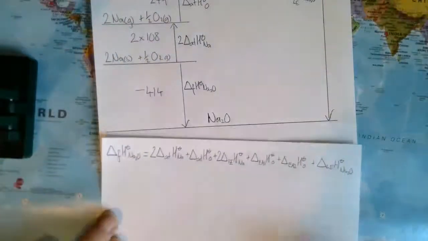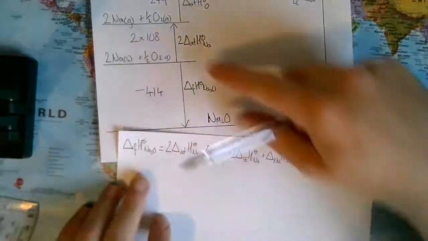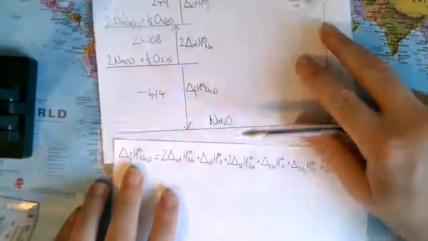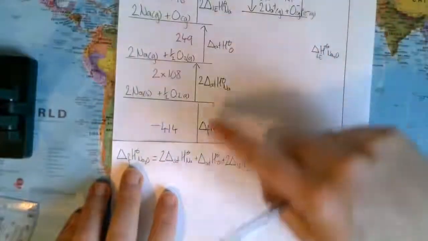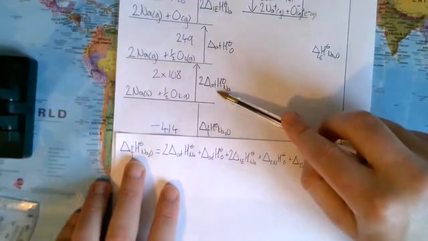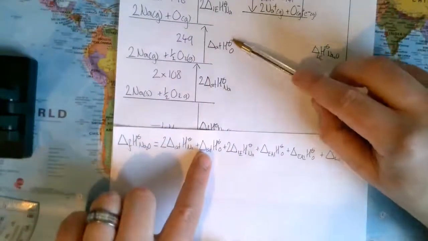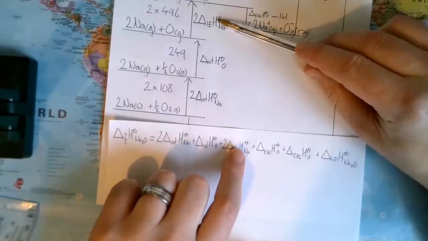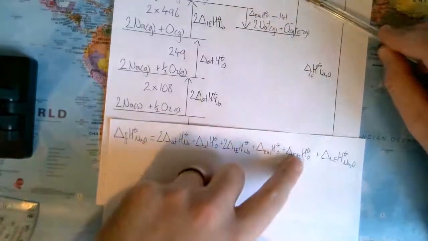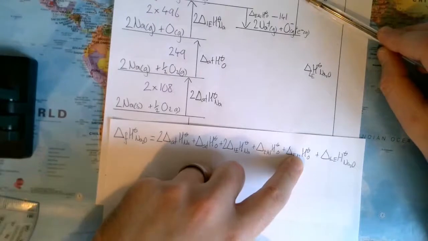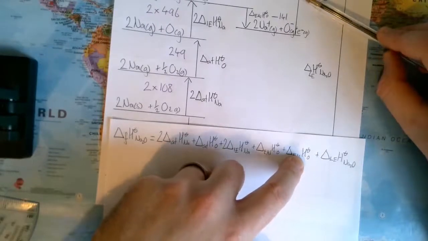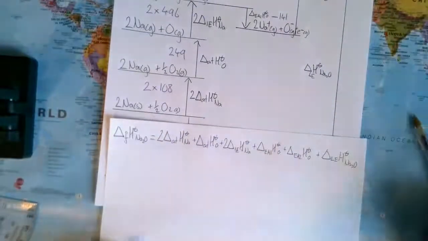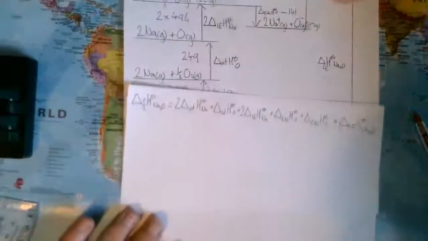Now, I have started doing this already to save a little bit of time in the video, but route 1, the enthalpy change of formation, is equal to the 2 atomizations for sodium, the 1 atomization for oxygen, the 2 ionization energies for sodium, the 2 successive steps for the electron affinities for oxygen, and then finally we've got the lattice enthalpy there.